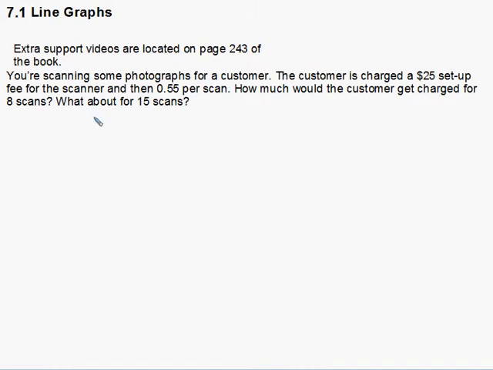Well, we can do the math on this, and we have, giant pen, make it a more reasonable pen. $25 plus 8 times 0.55, which would give us the 8 scans at 55 cents, which would be how much?